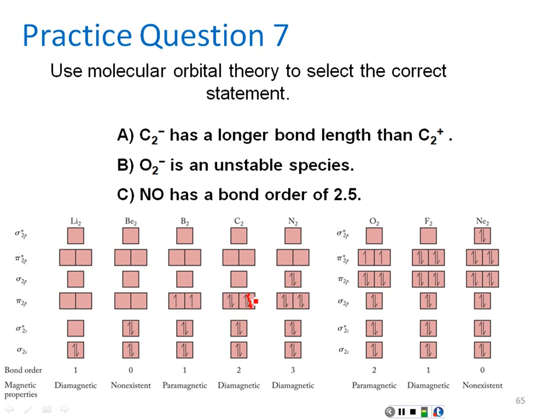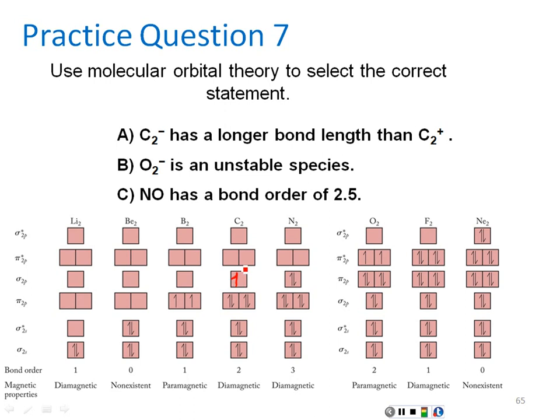So you could, if you wanted to, do both of those things and then calculate the bond order and see which had a higher bond order. The higher bond order means the shorter bond. The lower bond order would be a longer bond. But you could just realize that for C2 minus, you're adding 1 electron in a bonding orbital.